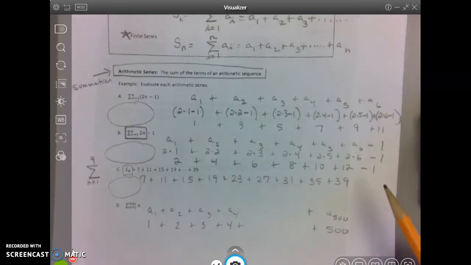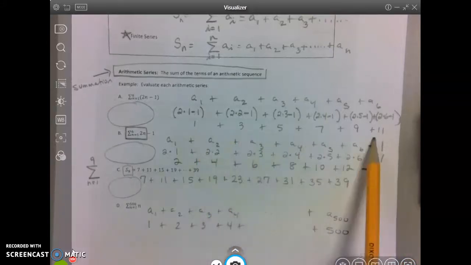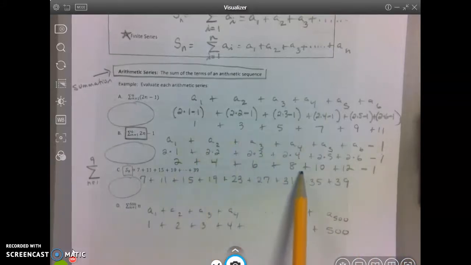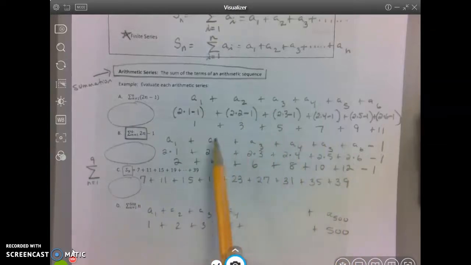Okay, now notice again, every series that we've looked at has been arithmetic. The terms here increase by 2. Here my terms increase by 2. Here my terms all increase by 4. They all have a constant difference, so they're all arithmetic. These all increase by 1. So for arithmetic series, we need a formula.